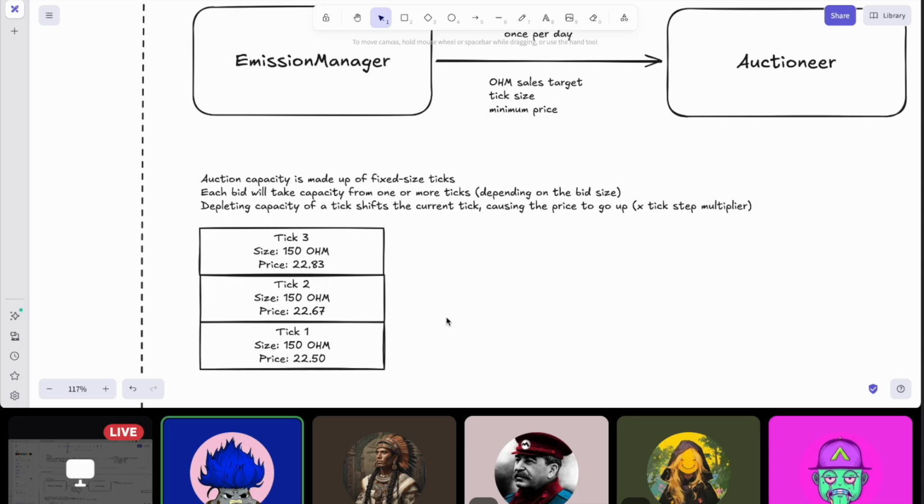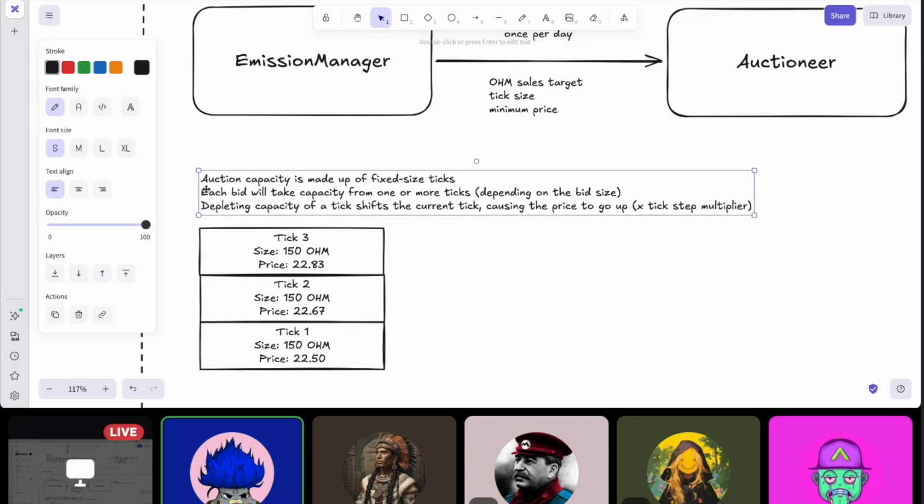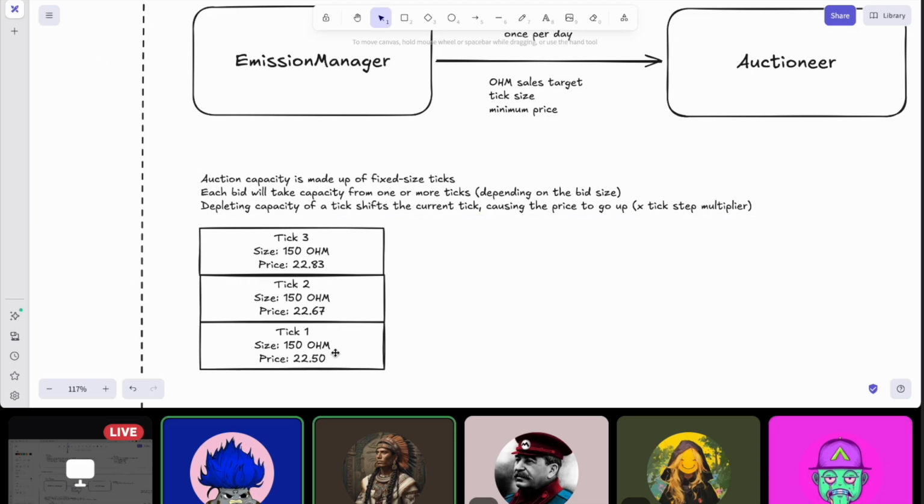And what that means is that if someone is buying using the CD system, they will get a single price with that bid. It won't be split across two ticks.